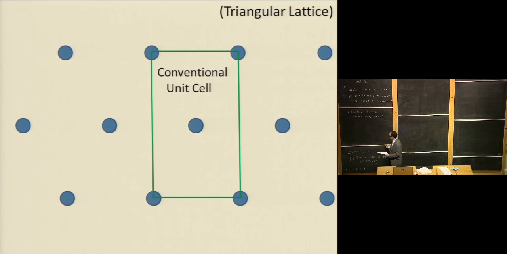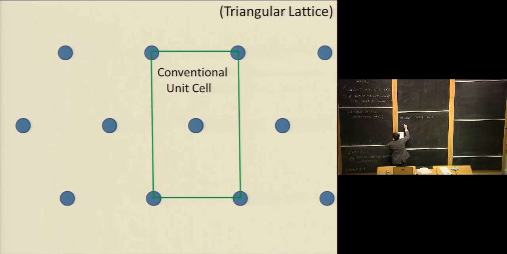Okay. Another definition. Maybe start over here. A Wigner-Seitz cell. Wigner was a very important physicist, if you haven't run into his name already. Seitz was, well, he was less important, but also important.